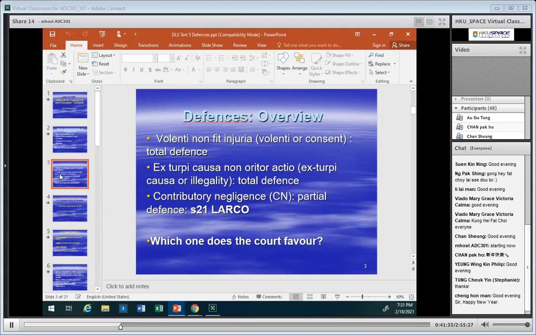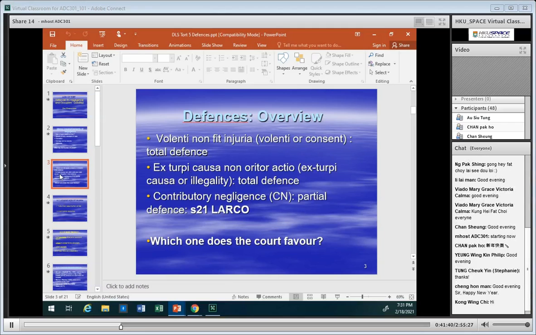I volunteer my work. So there must be consent to the risk. Volenti non fit injuria, voluntary assumption of risk. That's what it is. The other defence, we did have a close look at volenti last time, but we'll review that again tonight. And then ex turpi causa non oritur actio, normally shortened to just ex turpi causa, meaning illegality.